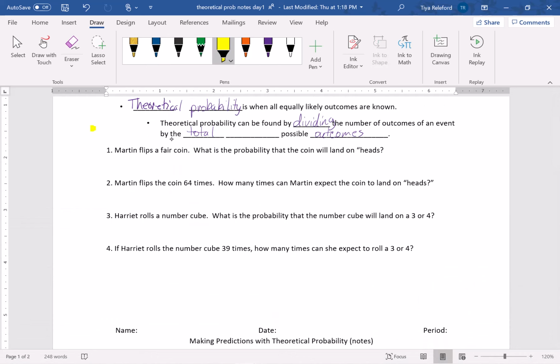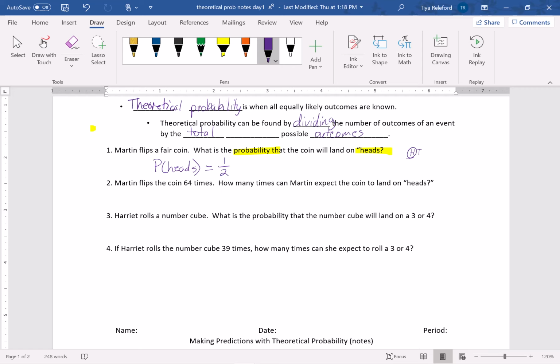What is the probability that the coin will land on heads? So probability of landing on heads. What can you get when you flip a coin? Well, you could get heads or tails, right? So probability of landing on heads, there is 1 heads out of 2 total outcomes.